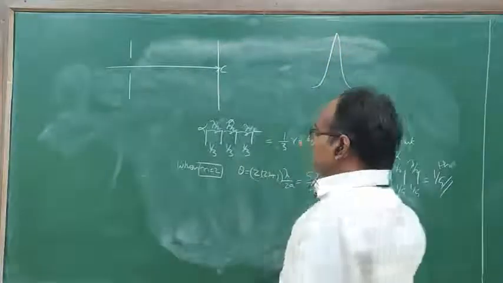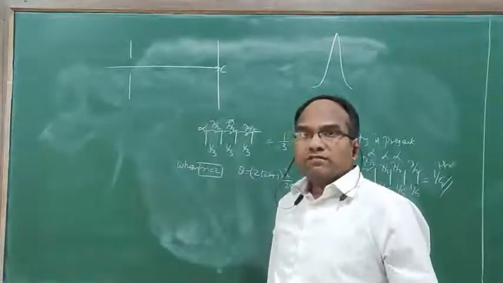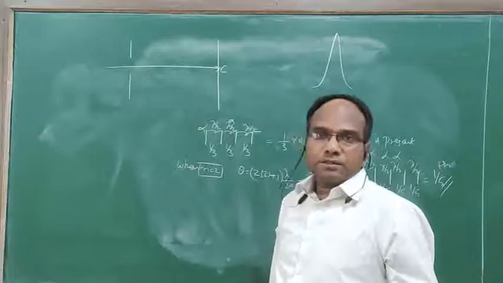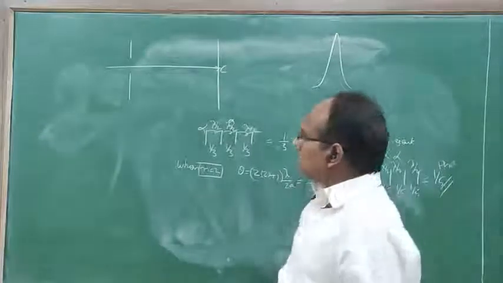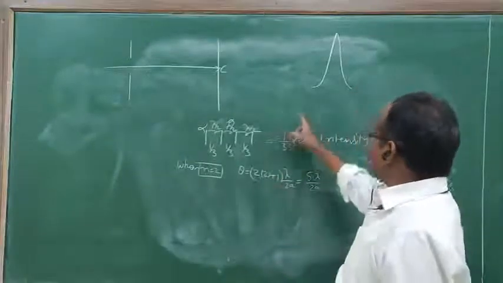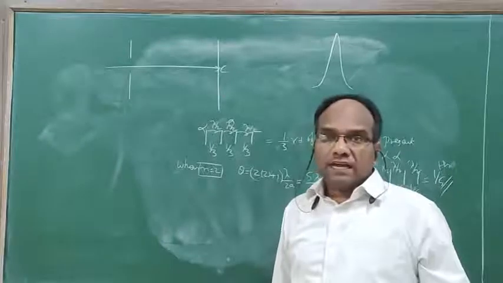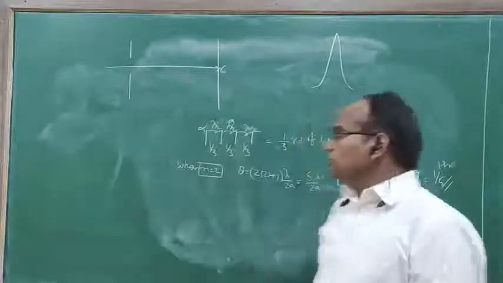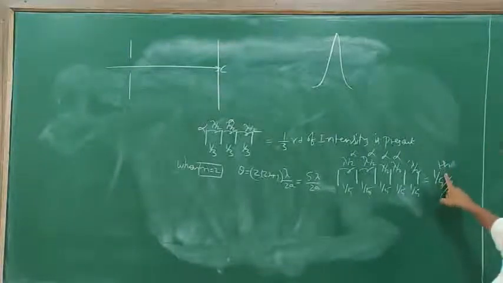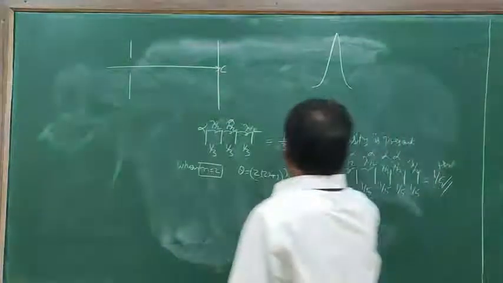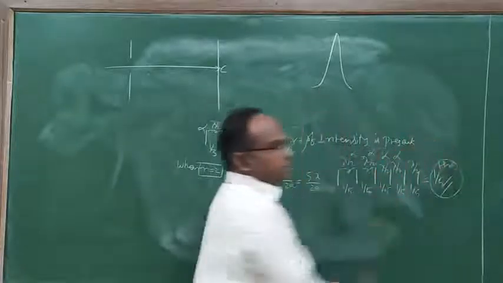Next, for the condition of minimum, you got 180 degrees, nothing but pi, so therefore the intensity of light is 0. But now here, when n is equal to 1, how much did I get? 1 by 3rd of the intensity of light. When n is equal to 2, what is the value we got? Here 1 by 5th of the intensity of light.